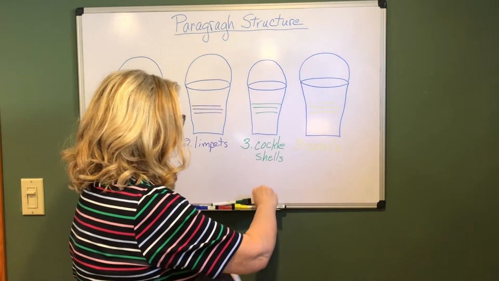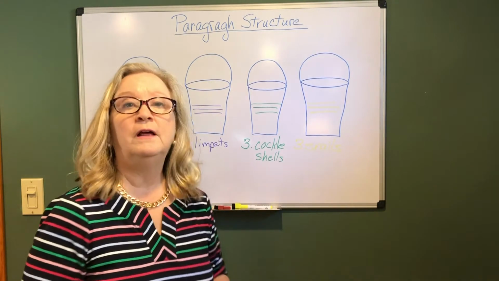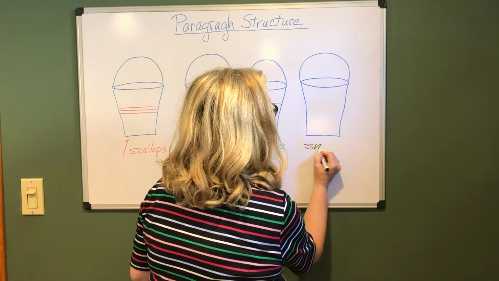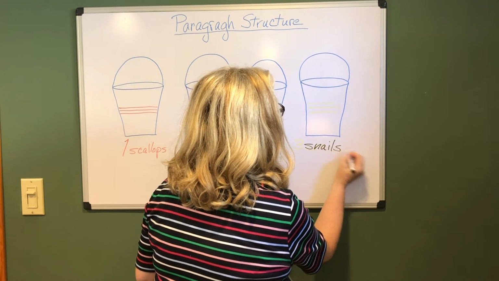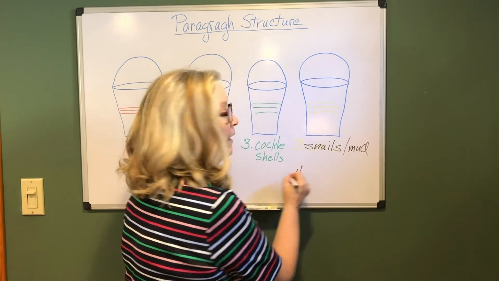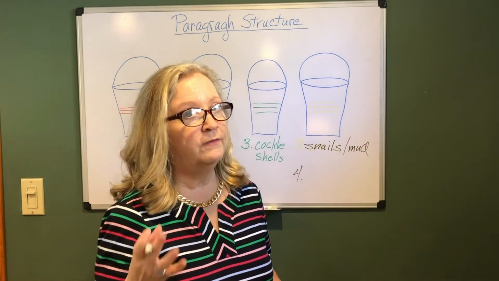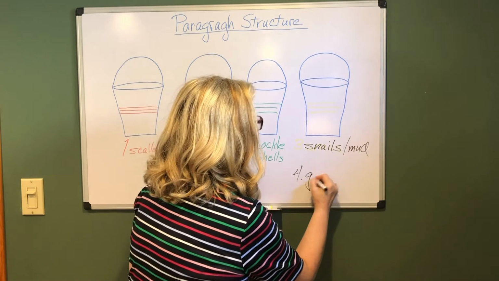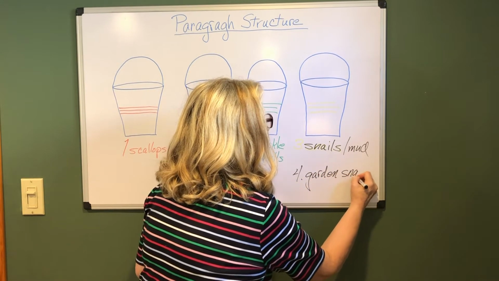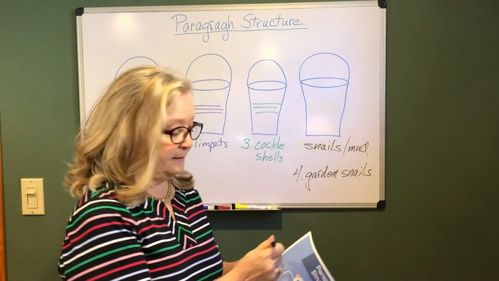I could even divide that into even another bucket where I've got, let's do this, snails. These are mud snails. And in bucket number 4, or paragraph number 4, you're going to talk about garden snails. Okay. And that's it.